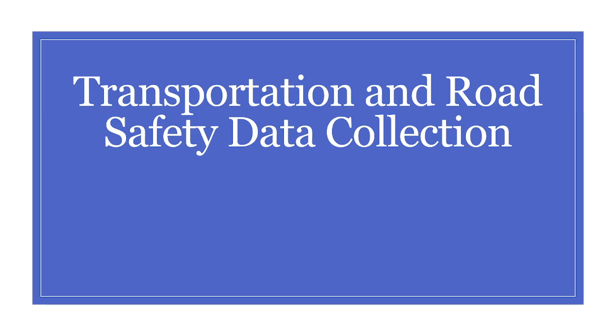So, transportation and road safety data. Here we need to understand the type of traffic in the project area, the state of the roads in the project area, the volume or frequency of traffic on roads in the project area, and then we also need to know the accident hotspots called black spots.